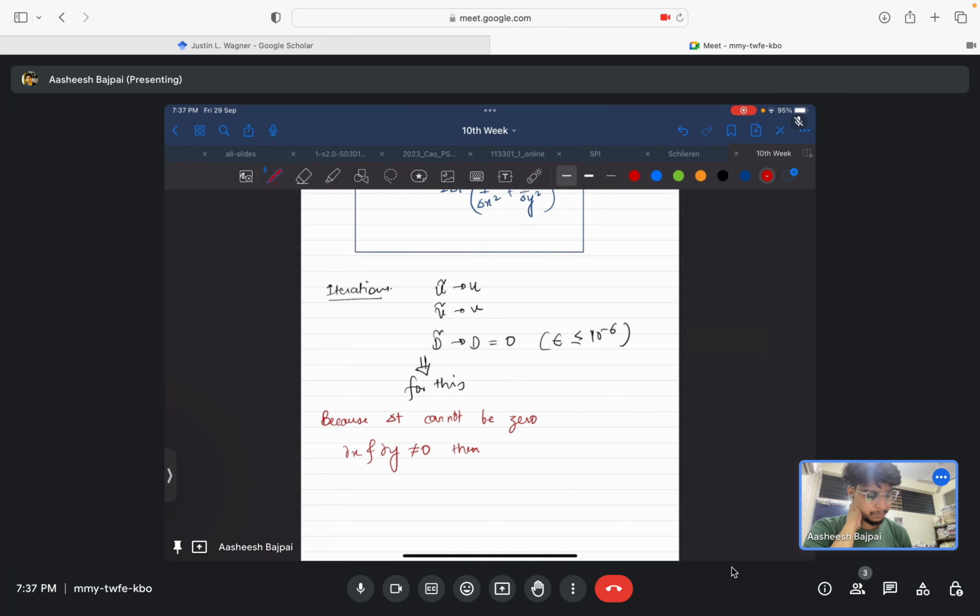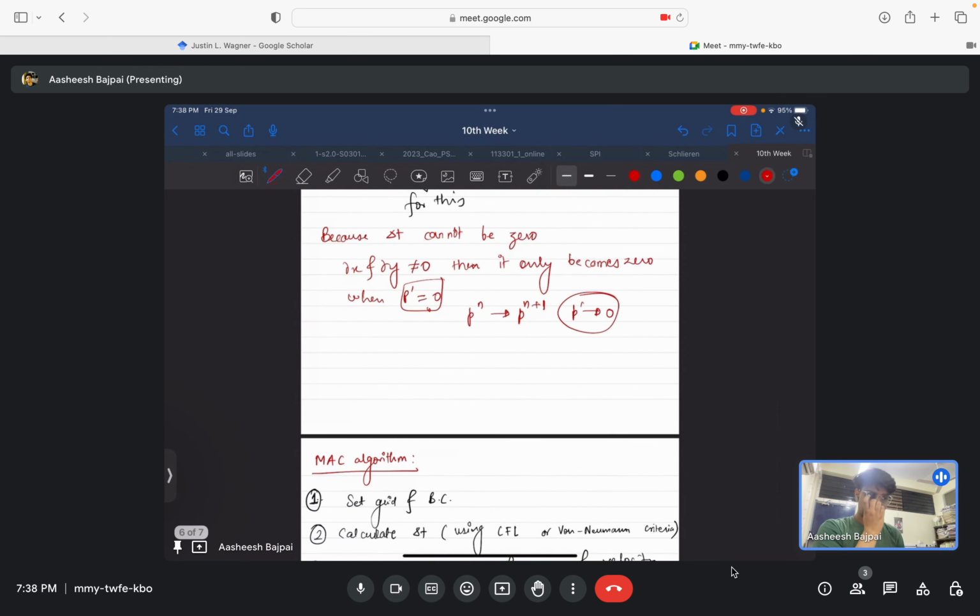Then it only becomes 0 when p dash is equal to 0. And this p dash becomes 0 when p n reaches p n plus 1. So then p dash tends to 0.